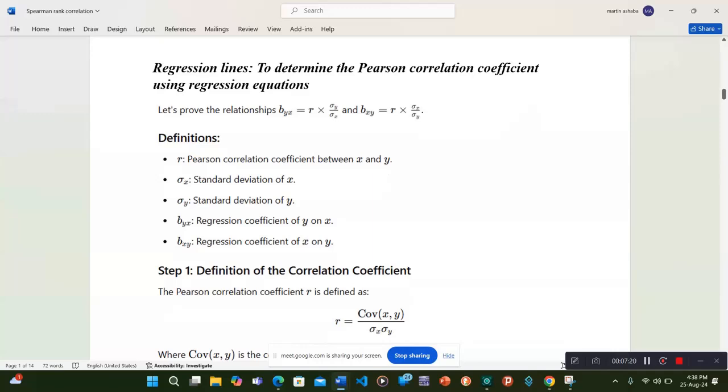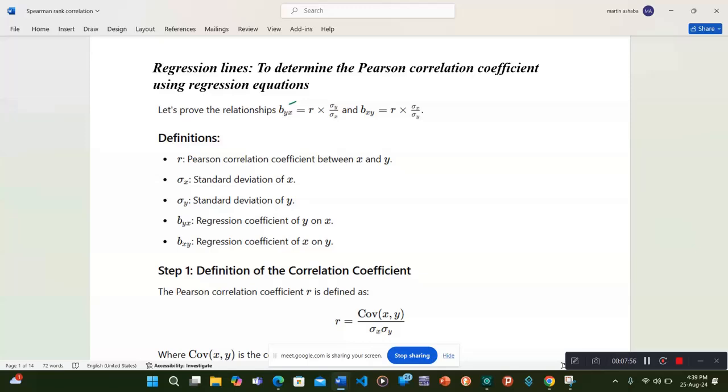Now, we also talked about regression lines, and today we want to look at how we get these coefficients, because we have, for example, two expressions: a regression line of y on x, and a regression line of x on y. So you need to determine these coefficients.